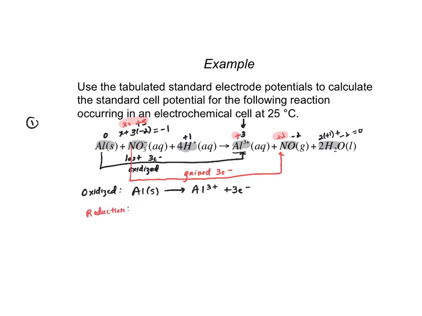And now for the reduction half reaction, everything's going to come with it, right? All of that leftover stuff. So we've got NO3- plus 4 protons plus how many electrons? 3, goes to make NO plus 2 H2O.